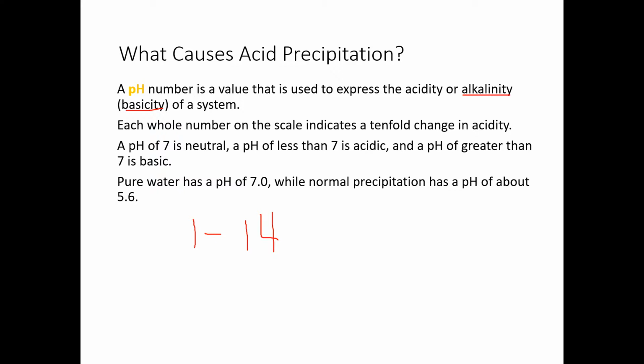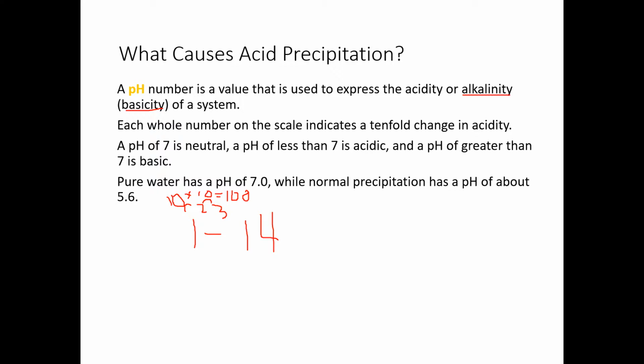Each time you go up a whole number, from 1 to 2 to 3 and so on, you're actually changing not by 1 but by 10. So this is times 10, times 10. A 3 on the pH scale is 10 times 10, which is 100. A 3 is actually 100 times more acidic than a 1.